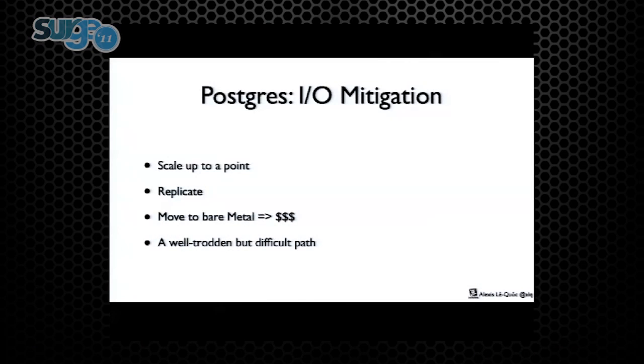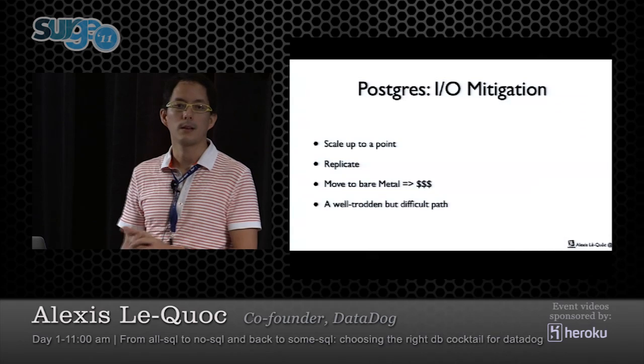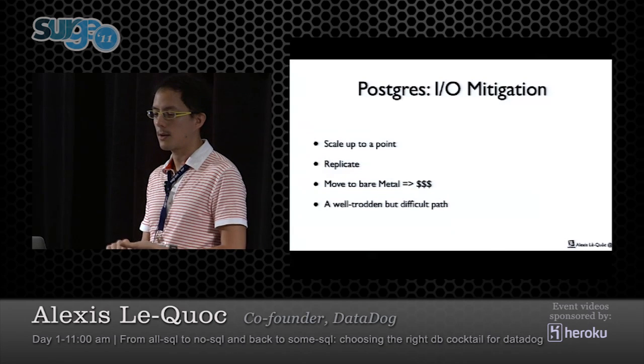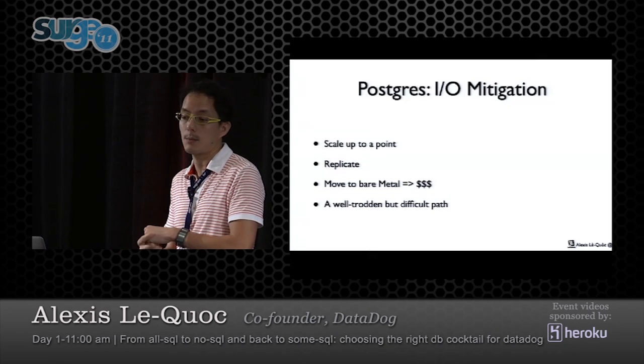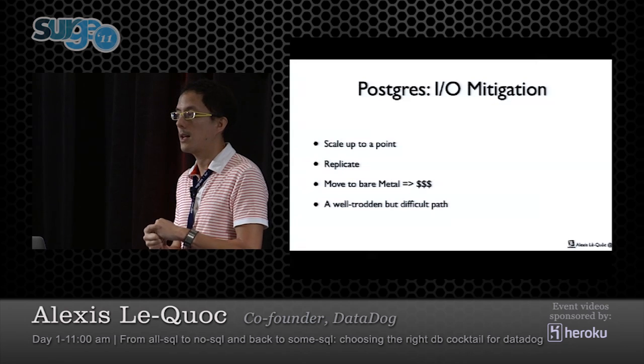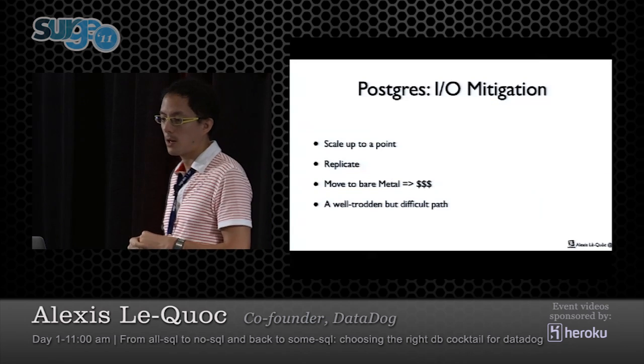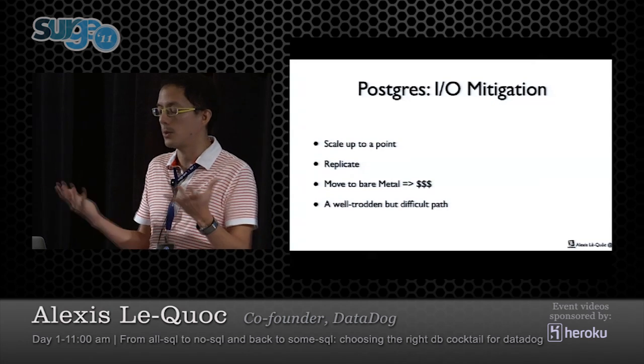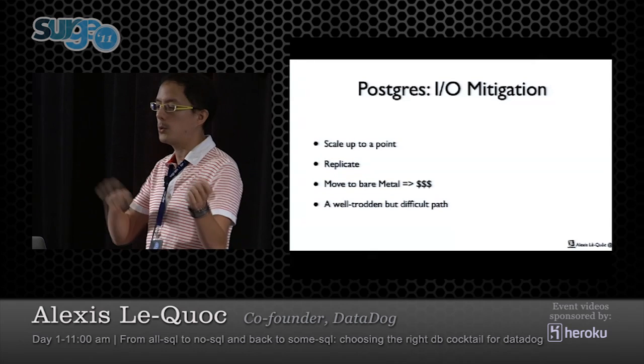For Postgres, the I/O mitigation strategy is different. I think we can scale up to a point, and that's been definitely the Oracle world. That's how you do it. For Postgres, I think it makes sense to scale up, so you just get a bigger machine because it's very cheap, basically. In terms of complexity, you're not trying to do replication and so on.